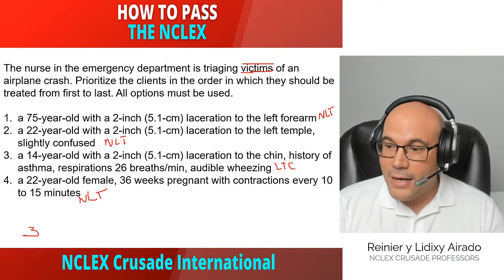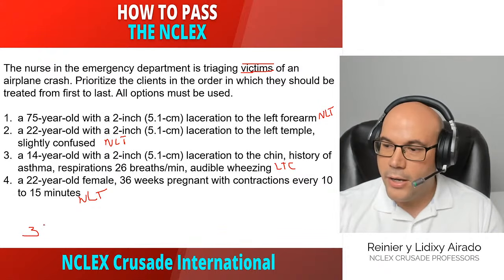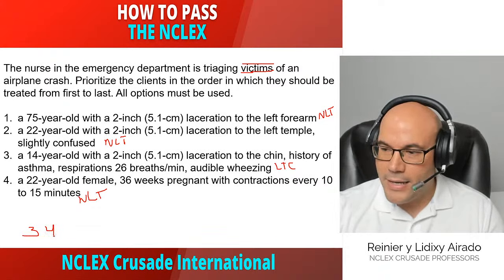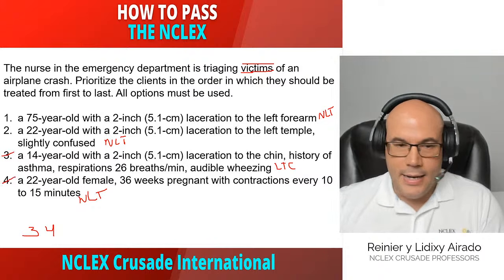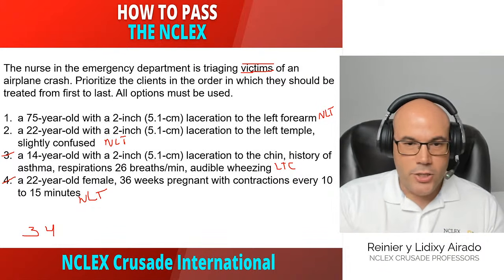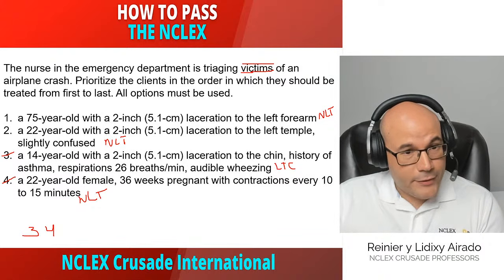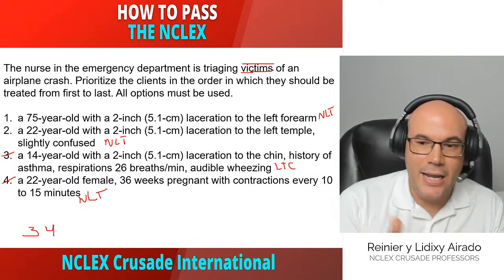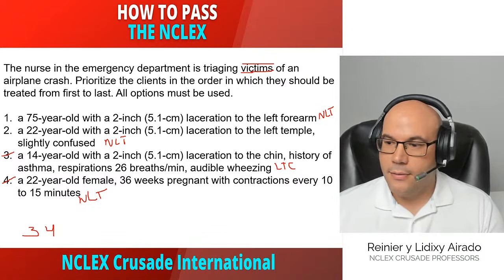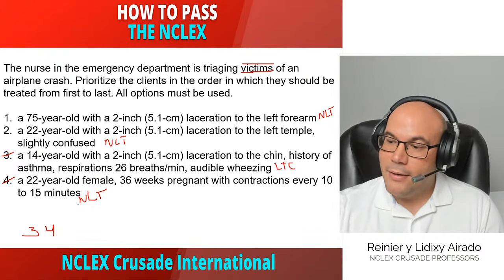So that pregnant female is going to be my next priority. So that's going to be my second answer. So I've already put in order 3, and I've already put in order 4. Now I have laceration to the left forearm or laceration to the left temple, but with neurological changes, slightly confused. Okay? Then that's going to be my next patient.